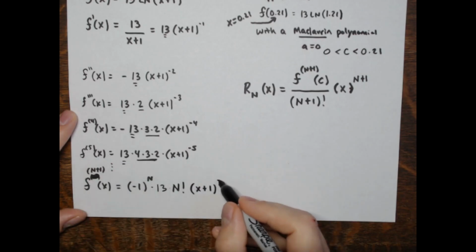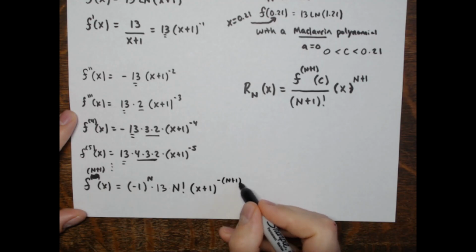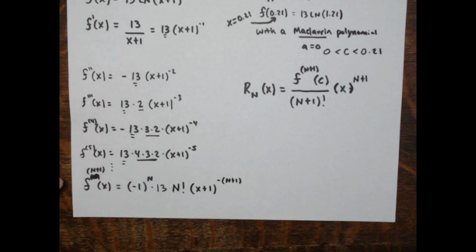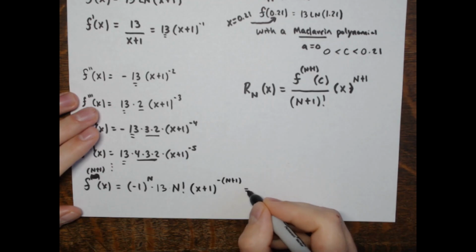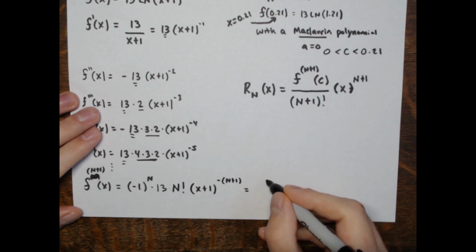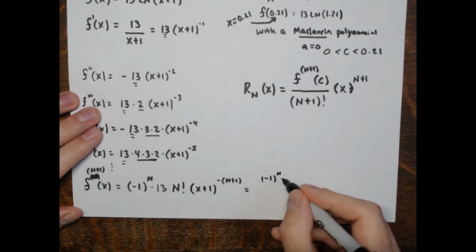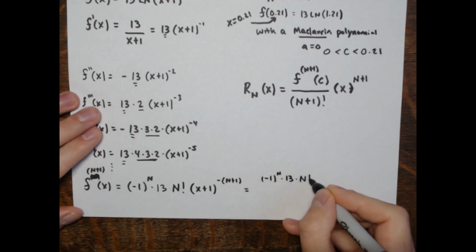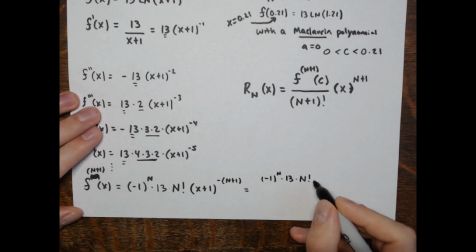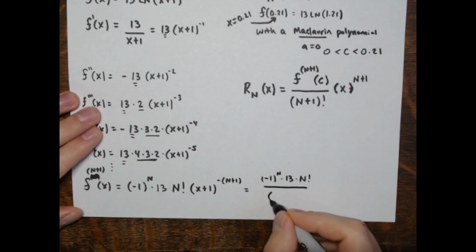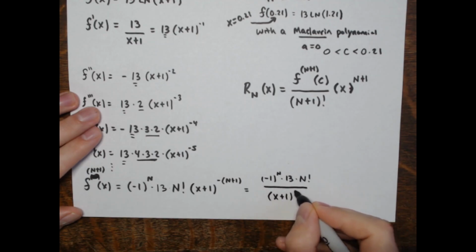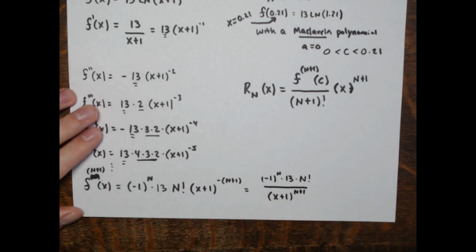So the opposite of capital N plus 1. So if I rewrite this, this will be negative 1 to the capital N times 13 times n factorial, and then divided by x plus 1 to the capital N plus 1 power.